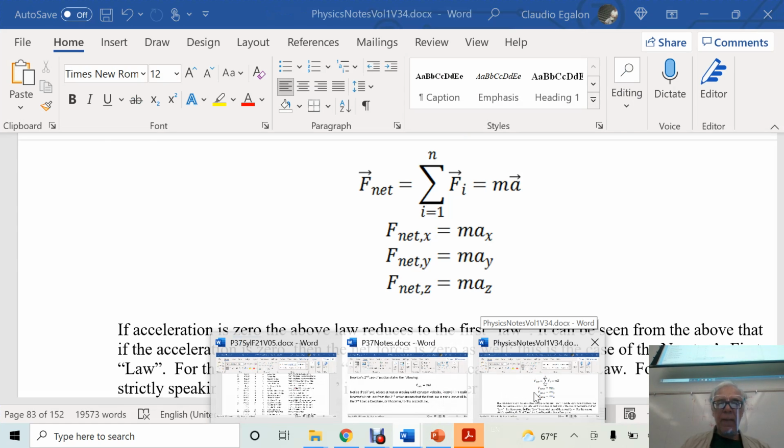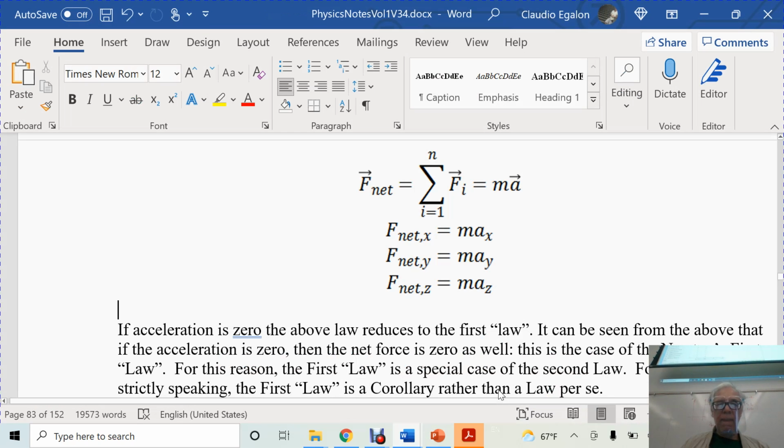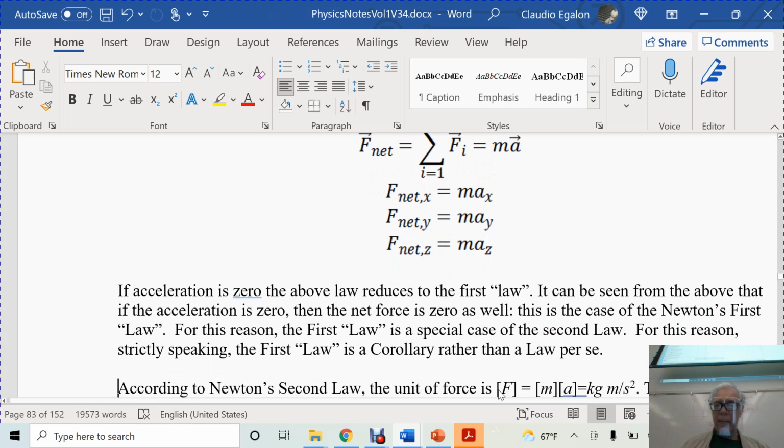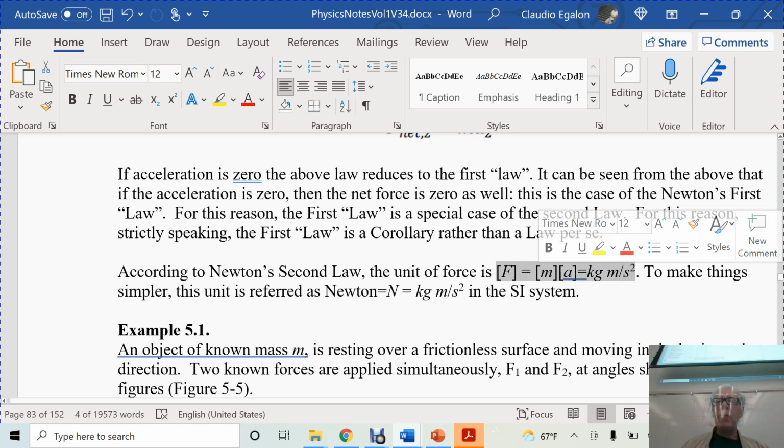So let's take a look at the notes. What's the unit of the force? According to Newton's second law, the unit of force is the kilogram mass times meter divided by second squared.